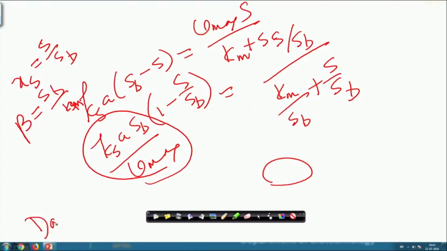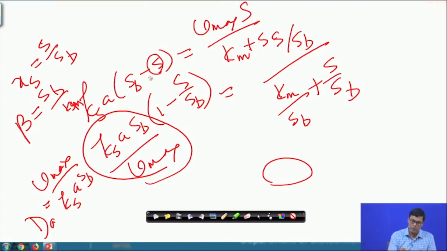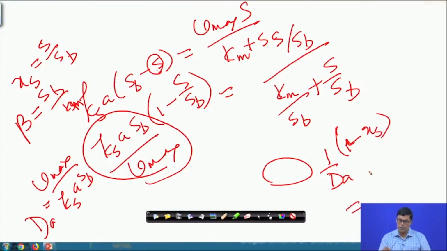What is the Damkohler number? The Damkohler number is equal to the maximum velocity of reaction divided by the maximum mass transfer. The mass transfer will be maximum when S is 0. If S equals 0, your driving force will be maximum. Now if you put this value here, then what will we get? 1 by Da, and this is 1 minus Xs. This will be equal to Xs, and this is beta, 1 by beta.